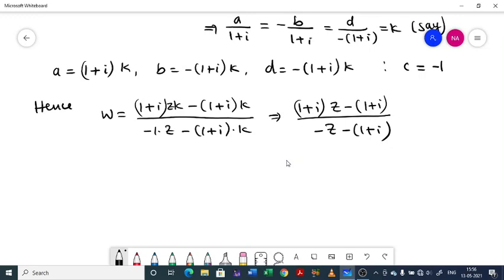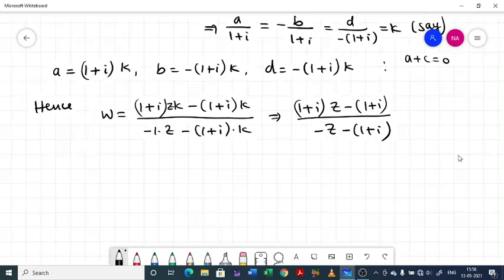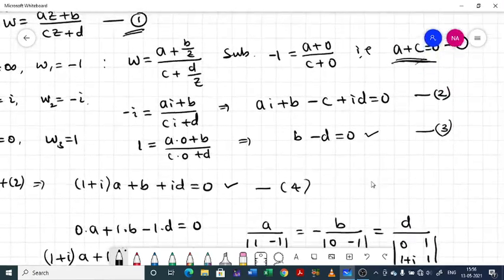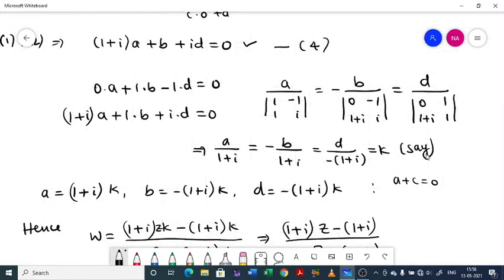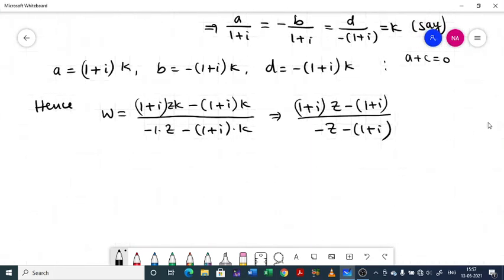So simplifying this, we will be getting... Okay, we are taking 1 plus i common in the numerator. See, I think again this one is a mistake. We have a plus c equal to 0, right? So let us look into that equation. a plus c equal to 0, that is a equal to minus c.